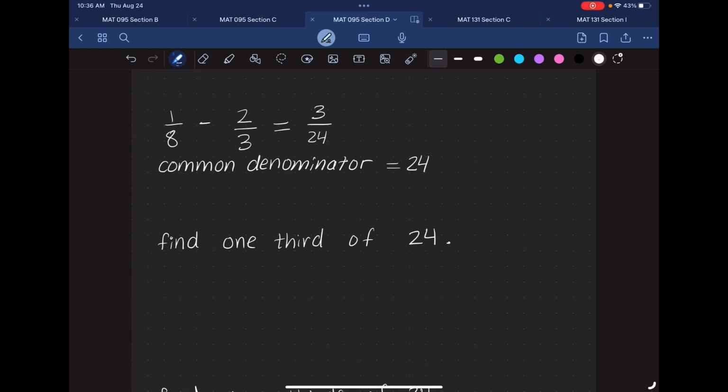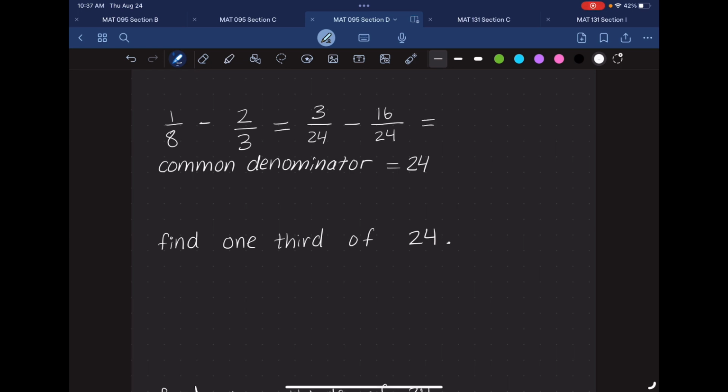I want you to notice that 3 24ths is the exact same amount as 1/8. It's just in a different context. And then for my 2/3, I would multiply 3 by 8 to get 24, so I multiply the 2 by 8 to get 16. And 16 24ths is exactly the same as 2/3.